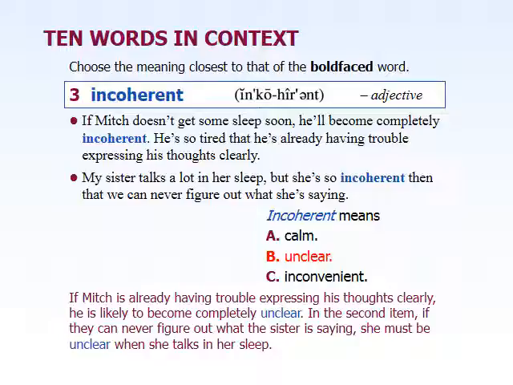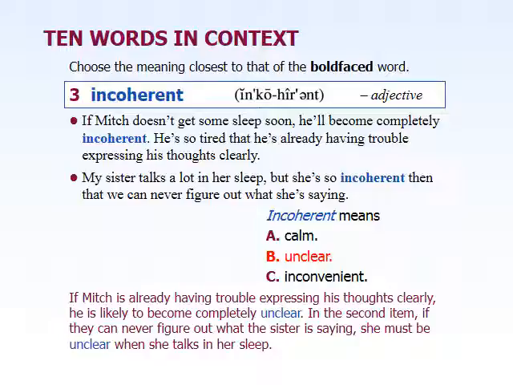Let me give you a different example and then I'll come to this one. One of the times that people become incoherent is if they're really, really drunk or really high on drugs. They can be talking and you can understand the words that they're saying, but it's completely unintelligible.